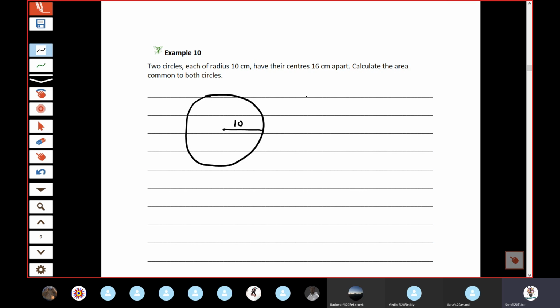That means it's overlapping. Okay. Calculate the area common to both circles. So calculate this area.